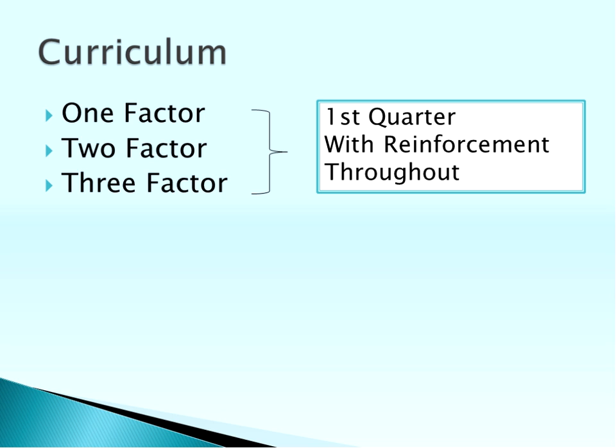For the curriculum that I used, within the 1st quarter, with reinforcement throughout the program, you could teach the 1-factor, 2-factor, 3-factor. That is how the book is divided. And I taught it all in one semester. I dragged it out for the semester. I had practice every week.